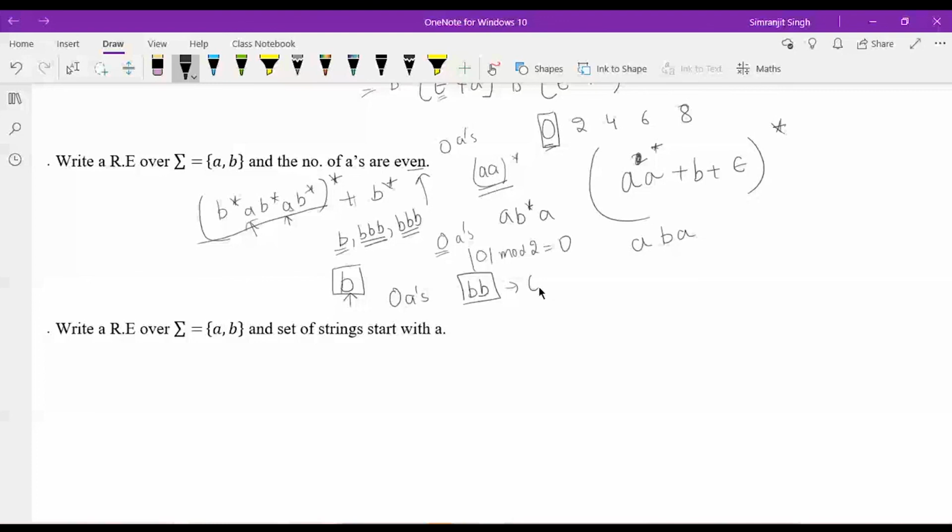So in this particular string the number of A's is even, and that is also correct. You get the point. If there is no A, it means there is zero A. Sir, got it.